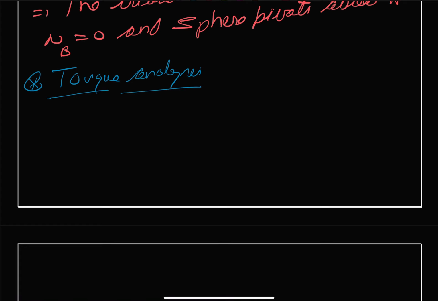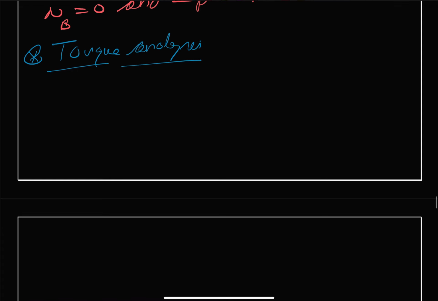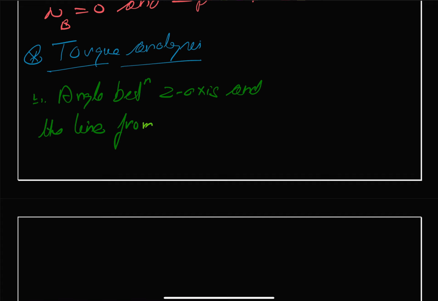In this case, we are going to consider the angle phi, that is between the vertical axis Z and the line from A to the center. Let us call this phi.